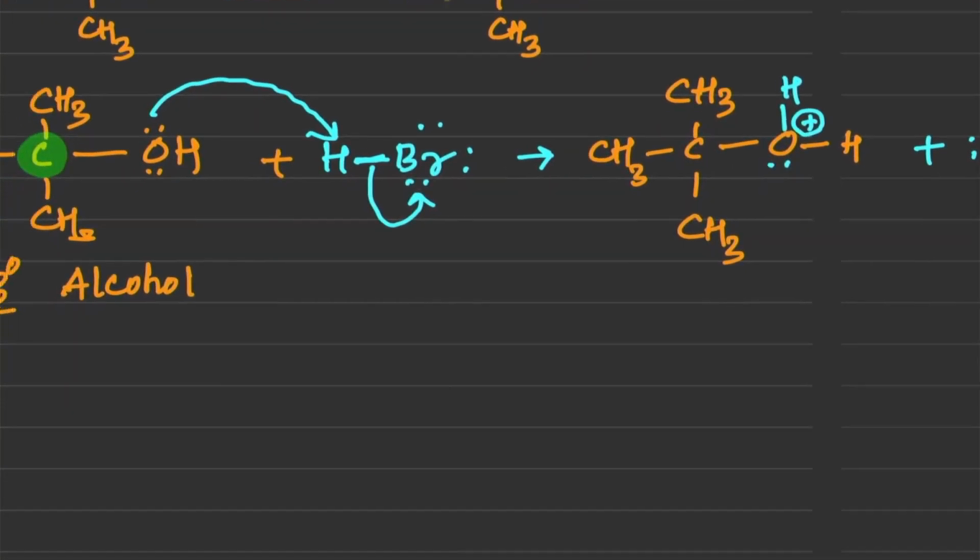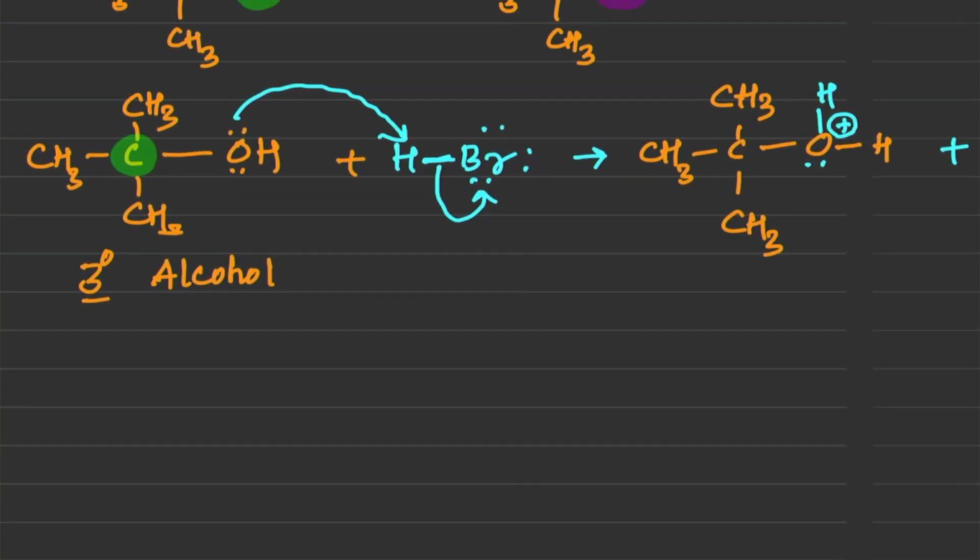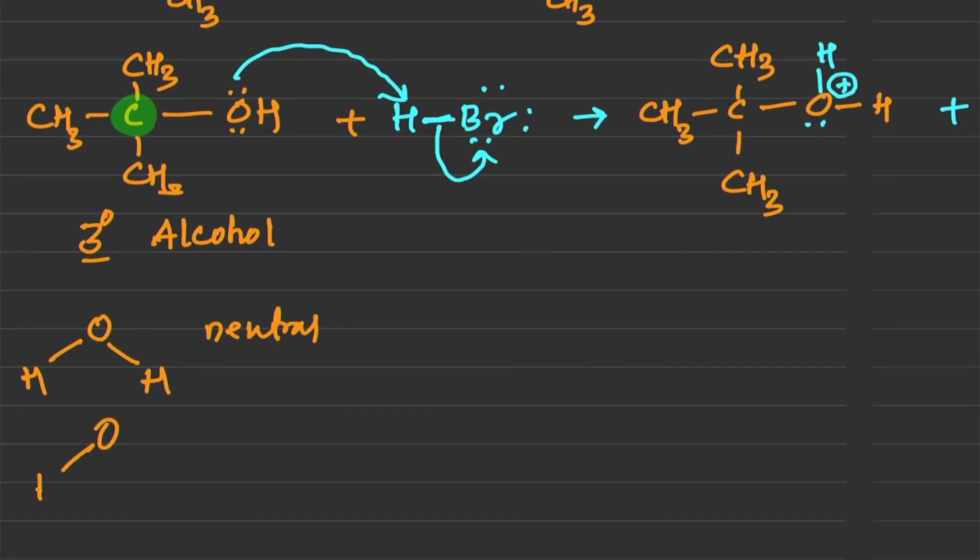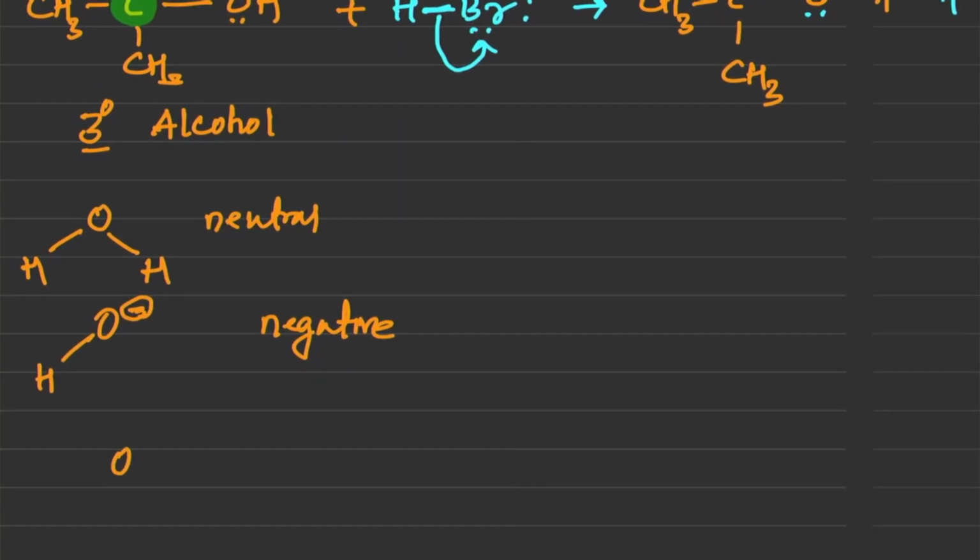So here's the shortcut that you want to remember. When oxygen has 2 bonds, it is neutral. When oxygen has 1 bond, it is negatively charged, as in OH minus. When oxygen has 3 bonds, H, H, H, it will be positive.